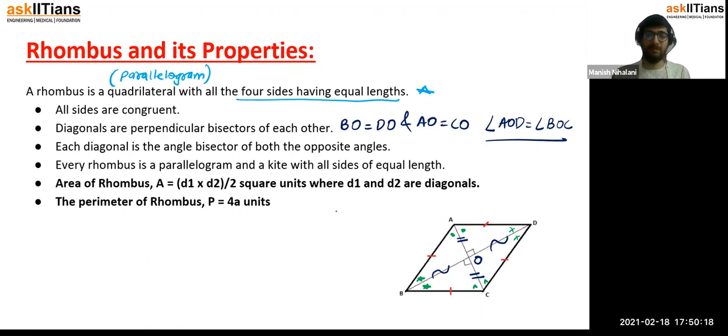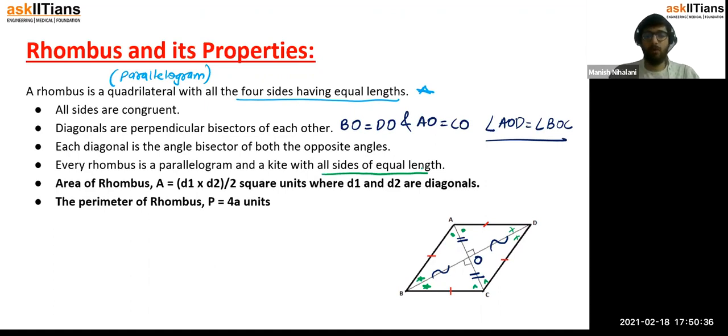But this is a specific kite which has all sides of equal length. In a kite only the adjacent sides are equal, but in a rhombus all sides are equal, which means ये एक symmetric kite है. So rhombus is a symmetric kite, right?